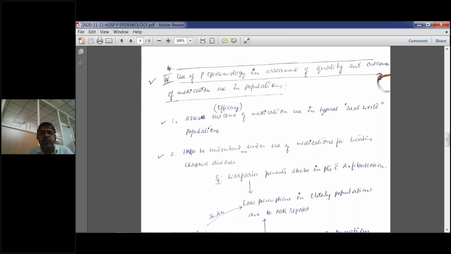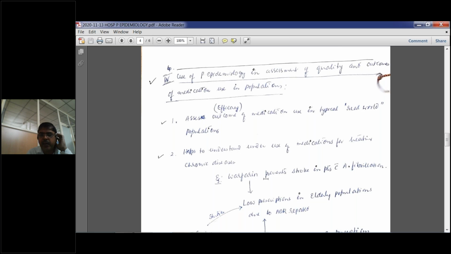It also helps to understand the underuse of medications for treating chronic diseases. Normal prescribing and normal medication use assessment is one thing, but how many medicines are getting underused because of some notion or some presumption is going to be studied. For example, warfarin prevents stroke in patients with atrial fibrillation.